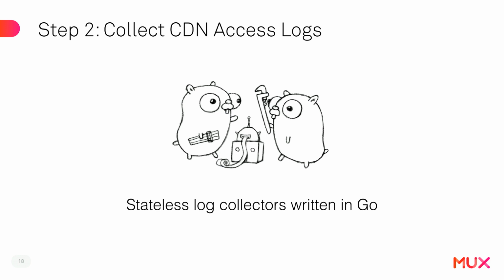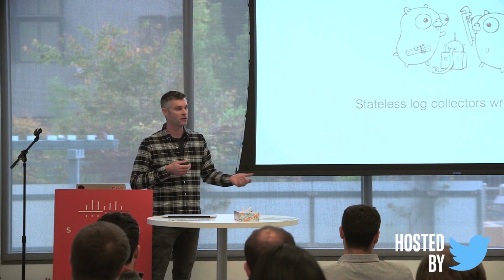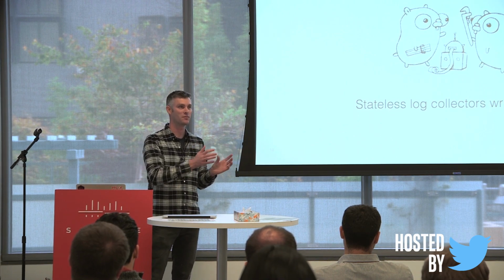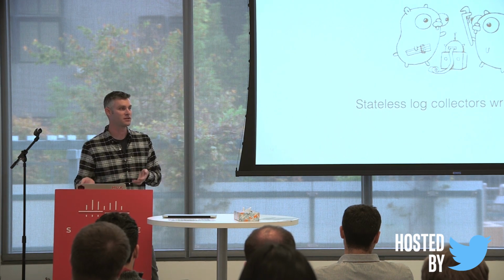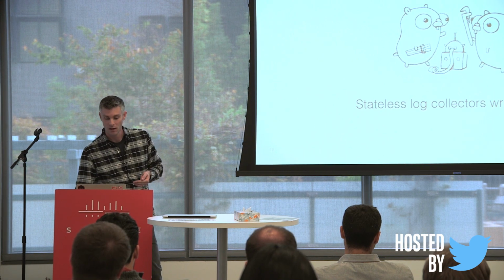They've got a simple task, which is to parse the CDN log messages from either comma separated value format or JSON, whatever format is used by the CDN, into a protobuf-based message format that we use for representing all CDN access logs.